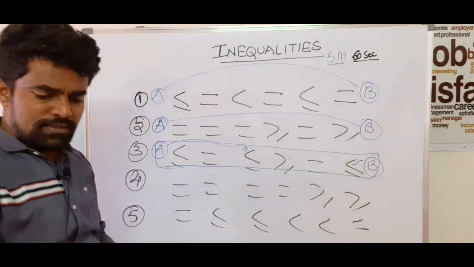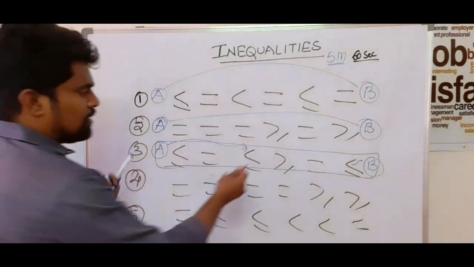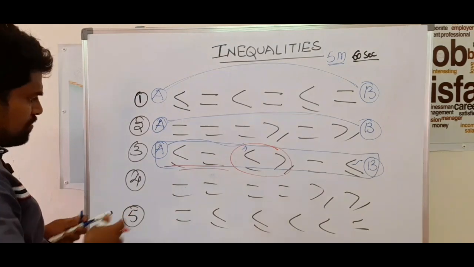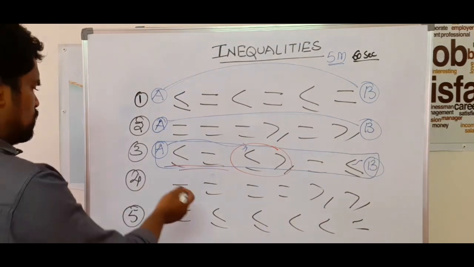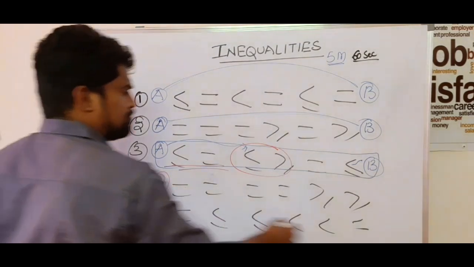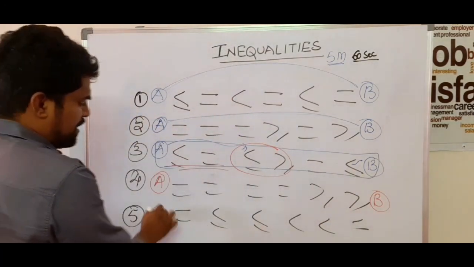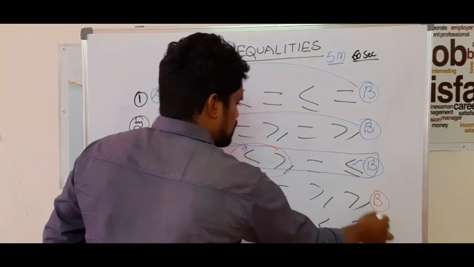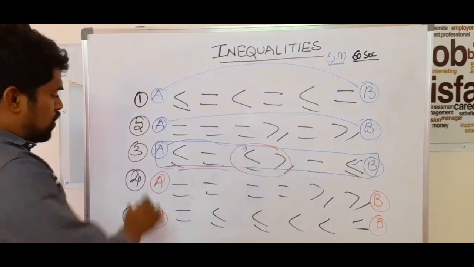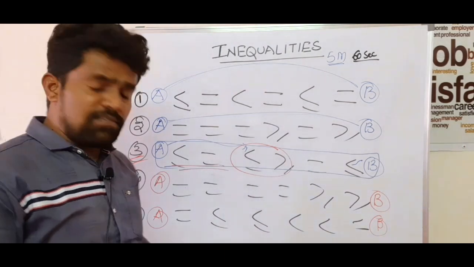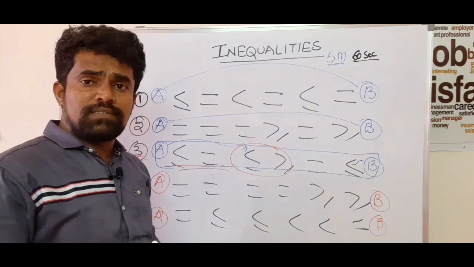If you observe this, just see the diagram. Here some hurdles and disturbances are there. Whereas in the fourth diagram there are no obstacles, so A and B can happily meet each other. In the fifth diagram also, A and B can meet each other. Only in the third diagram do we have obstacles, and in the rest of the 4 diagrams there are none.